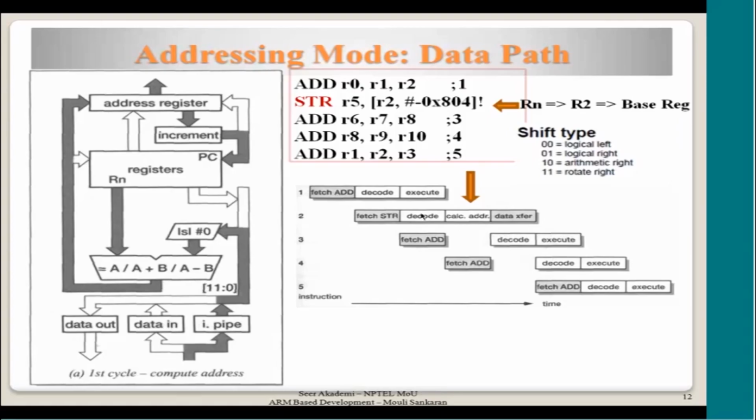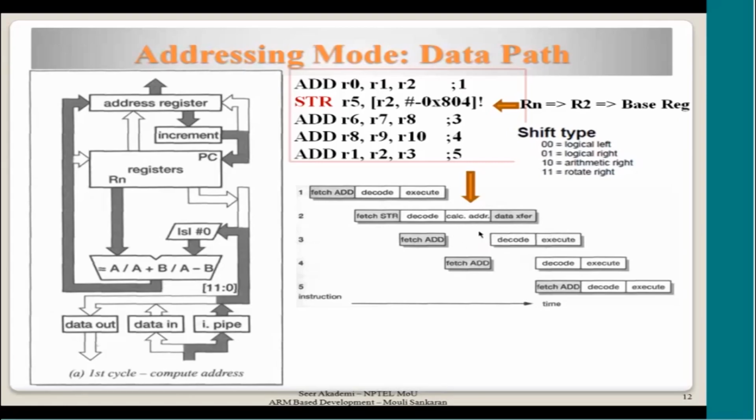That is why the decode logic is not shown at this particular time. Okay, because this instruction's decode is delayed. That means the decode is busy with the previous instruction in the pipeline. That is why you see a gap here.